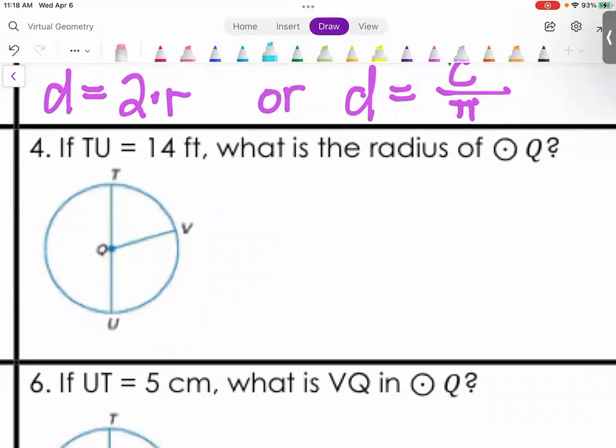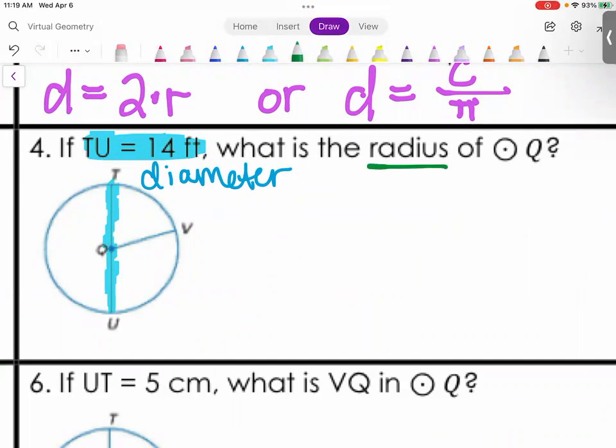All right, number 4, TU is 14. T all the way to U goes all the way across through the center of the circle, making it a diameter. Now it wants to know what the radius is. My radius is supposed to equal, from up above, your diameter divided by 2.